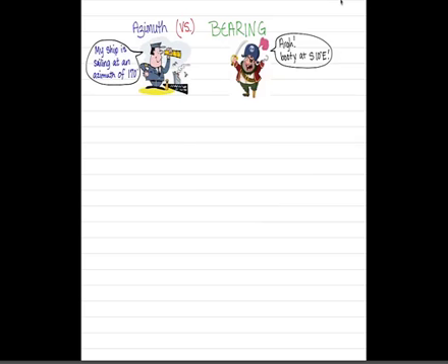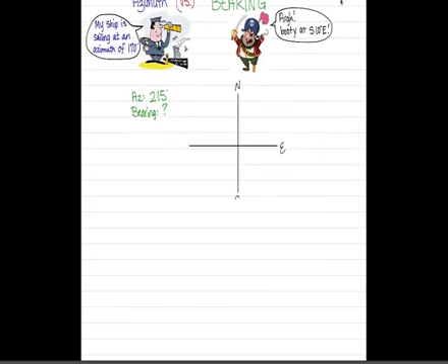Let's say you've been given an azimuth of 215 degrees, and you've been asked to find the bearing. We can draw that out. North, east, south, west.